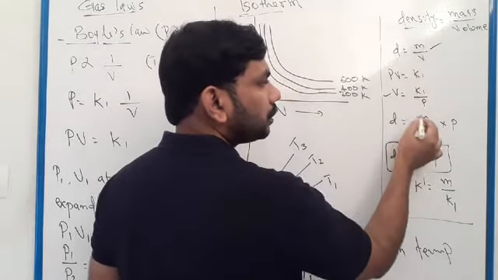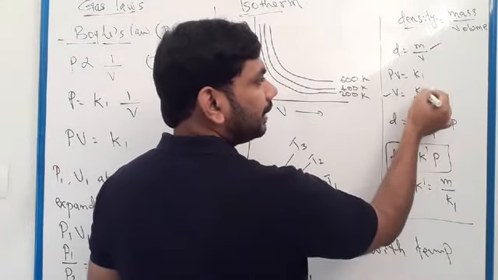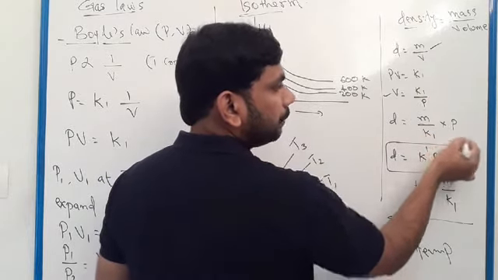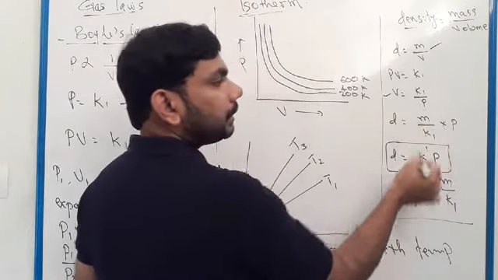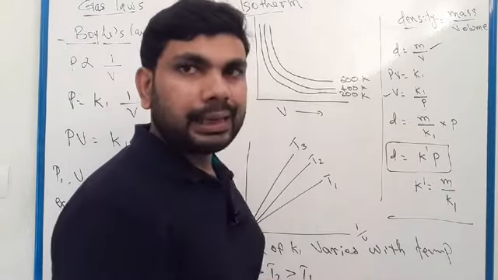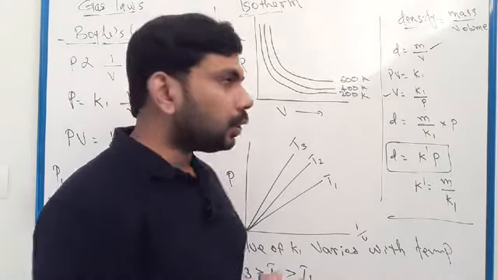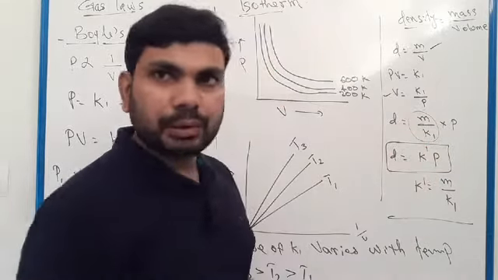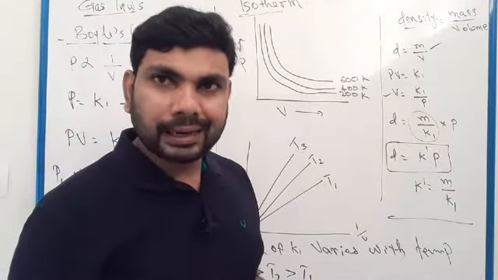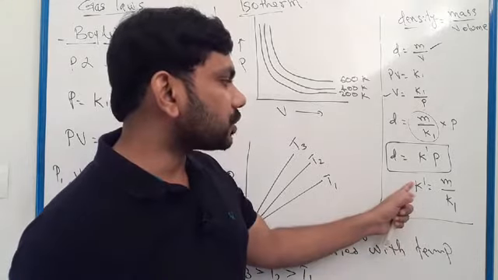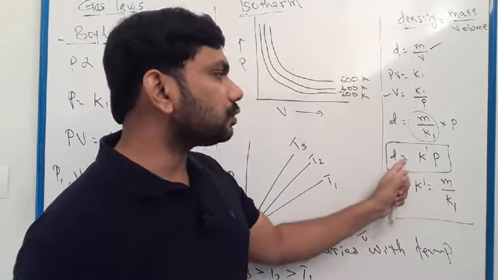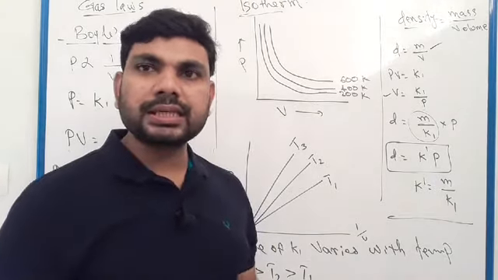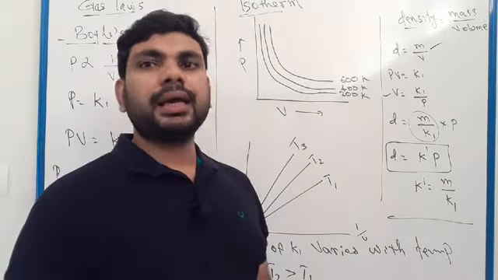So density equal to M divided by K1 by P. This P will go upward, so density equals M by K1 into P. Here the mass of the substance is constant, so M by K1 we can write as K dash. So density equal to K dash P. K dash is a new constant, mass by K1.